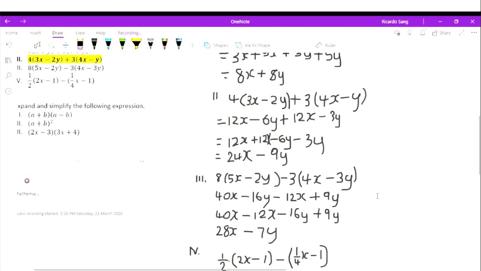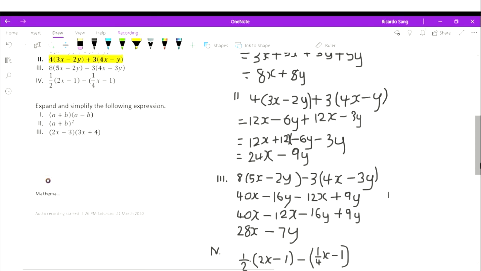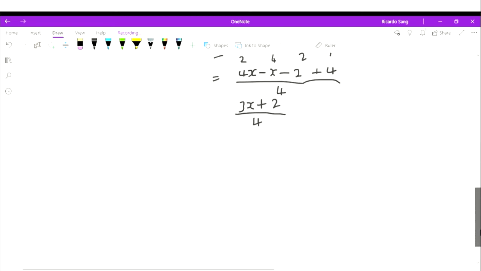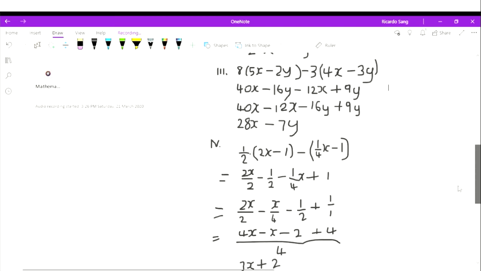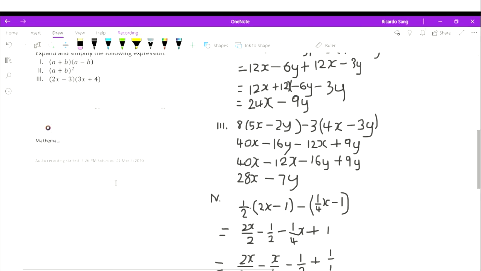Alright, so the last part of it. I said expand and simplify the following. So we can do this in 5 minutes. Let's write it here. This one is right here.